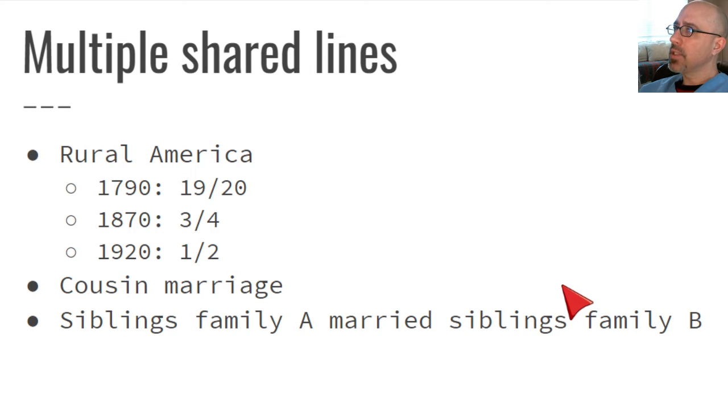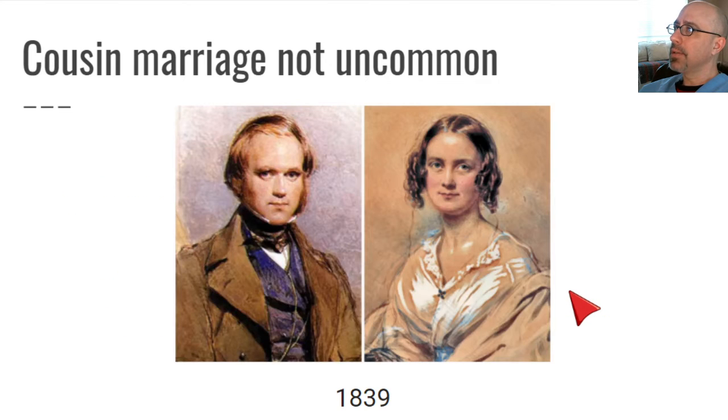And I really think triangulation helps us out with that quite a bit. And to hammer this point home, in 1839, Charles Darwin married his first cousin. If anybody would have known the issues that come up with that, it would have been Charles Darwin. And yet he did marry his own first cousin. I don't think that this was particularly rare at any point in history or in any particular location.